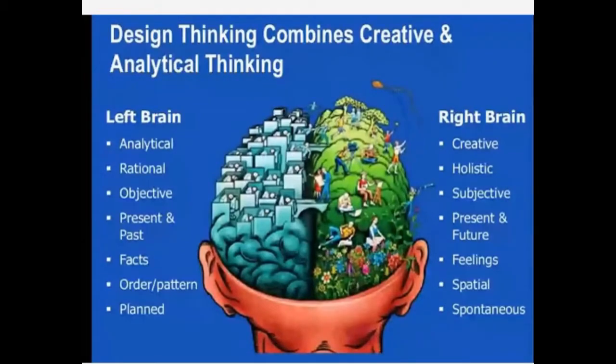Whereas your right brain is creative. It is holistic. It considers everyone. Subjective. It takes into consideration the situation. It also looks at the present, not the past, but the future. It takes into consideration the feelings of an individual. It is spatial and it is spontaneous. And when you want to work, both your left brain and the right brain have to work together. Design thinking is creative and analytical.